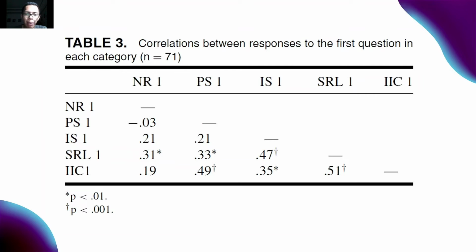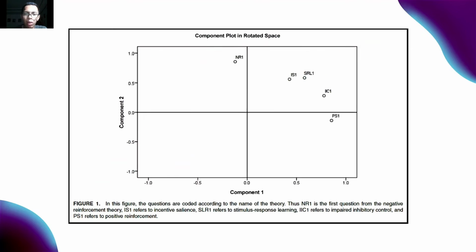Responses to the remaining questions correlated with each of these to varying degrees. Very similar results were obtained using a rotated matrix, not shown. When the factor analysis was run with the negative reinforcement question excluded, only one component could be extracted, and it accounted for 55% of the variance, not shown.